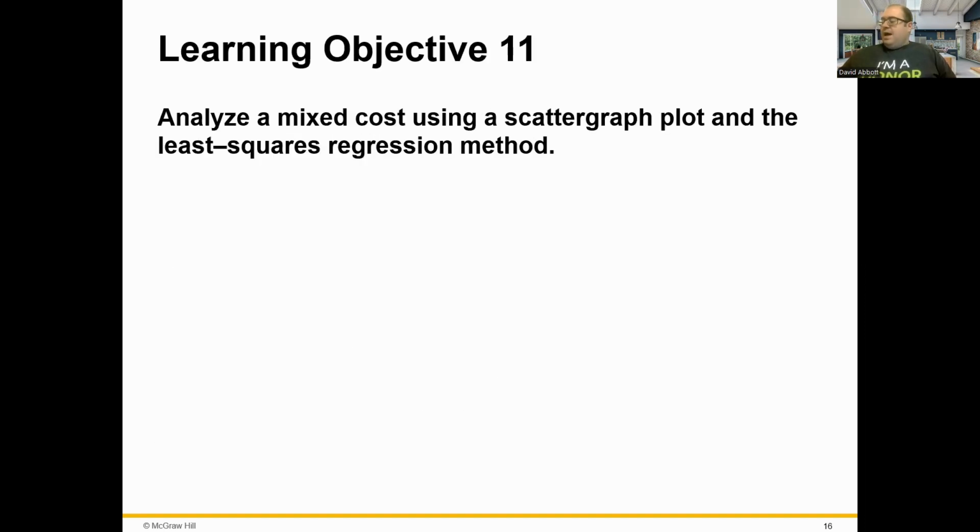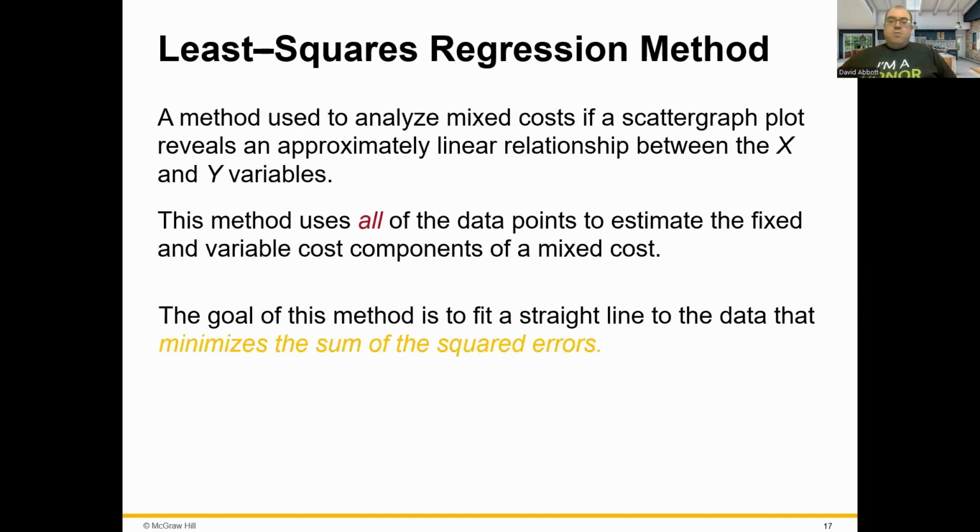Then we'll take a look at the least squares regression method. Now, unlike the high-low method, the least squares regression method uses all of the data to separate a mixed cost into the fixed and variable portion components.